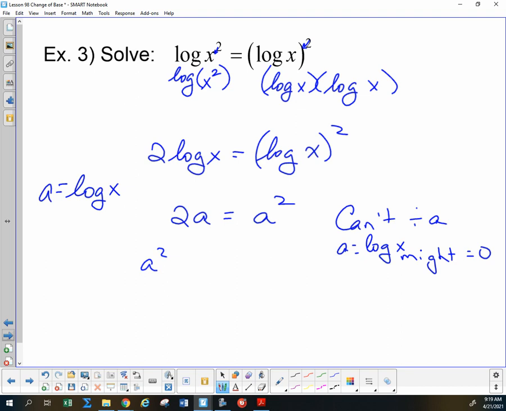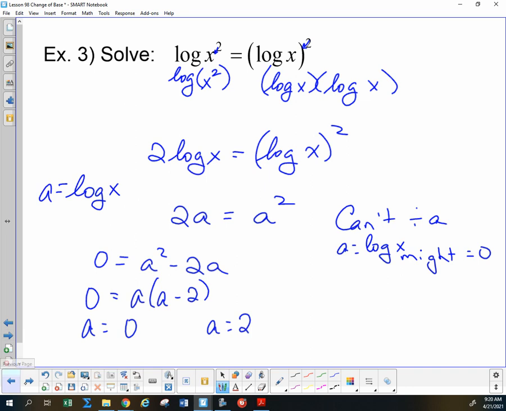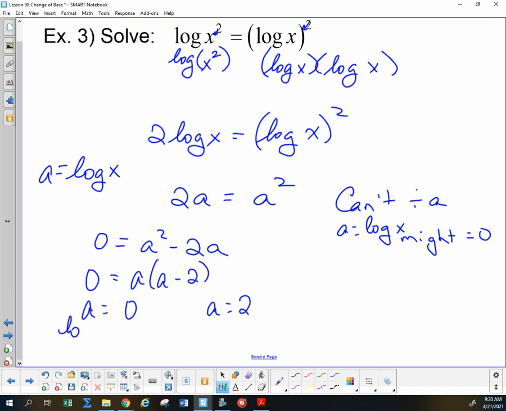So if I have a squared minus 2a equals 0, can I factor that? What can I do in order to factor that? So we're going to factor out an a times a minus 2. Keep that equal to 0. Factoring works only if equal to 0. So a could be 0 or a could be 2. But a is really the common log of x.